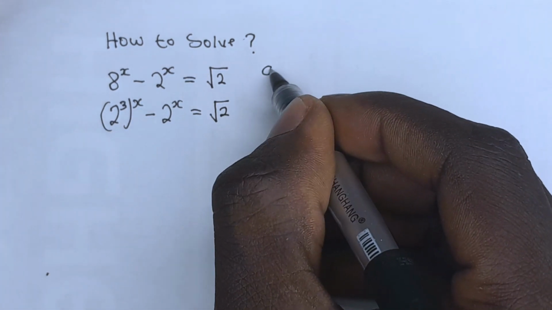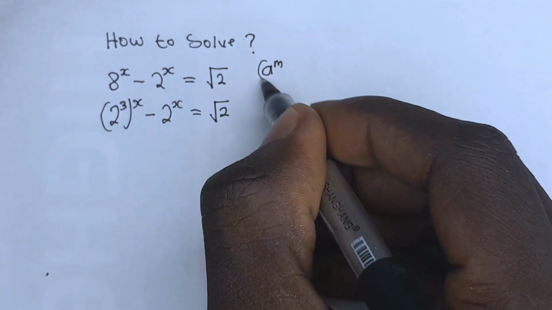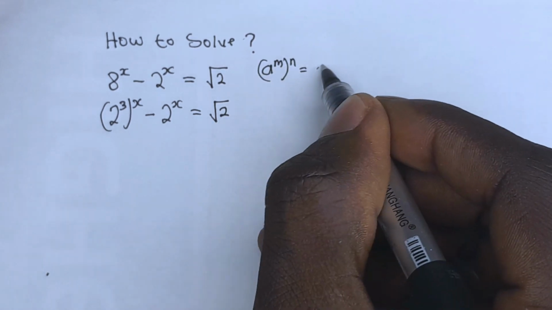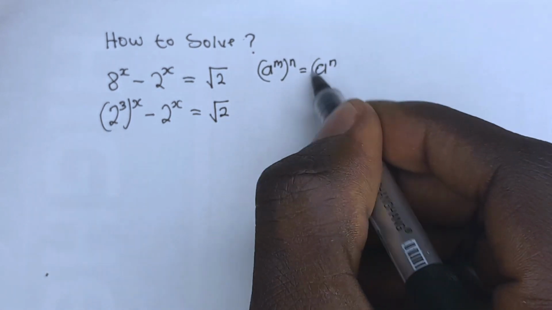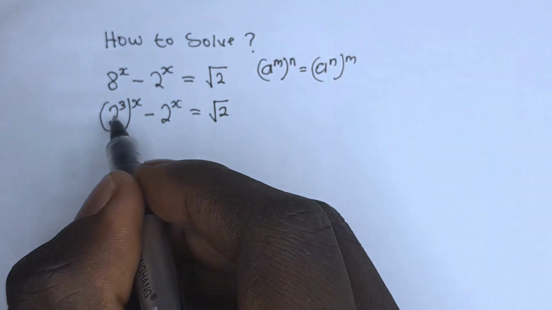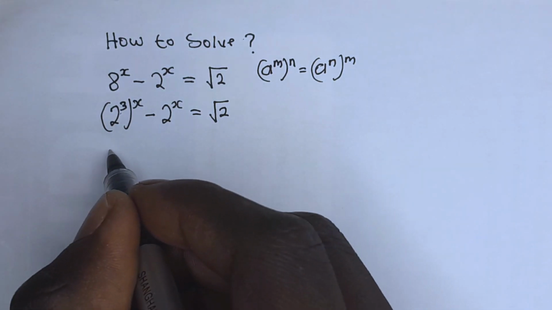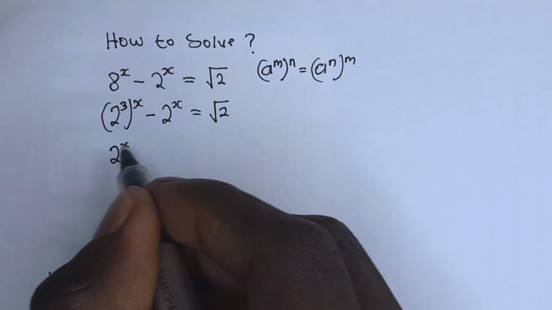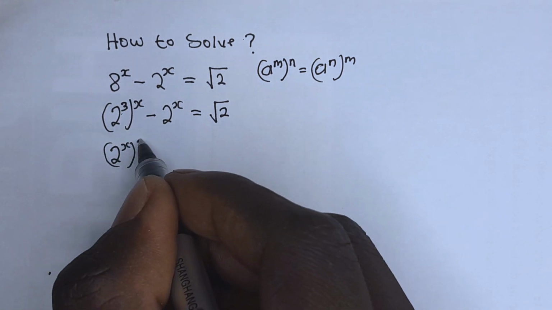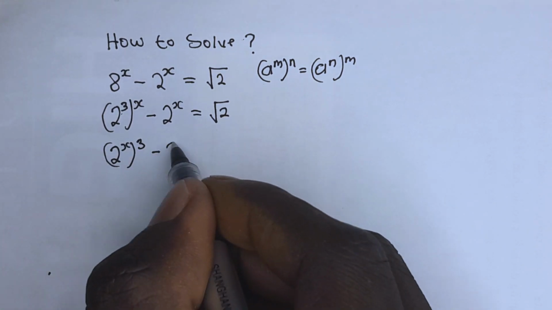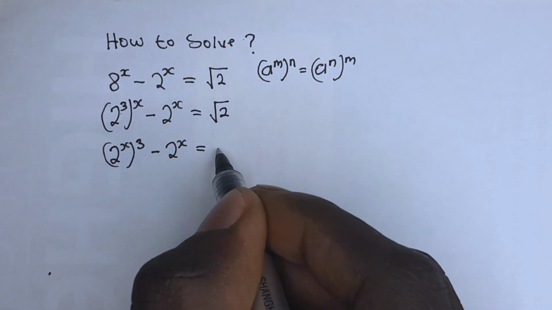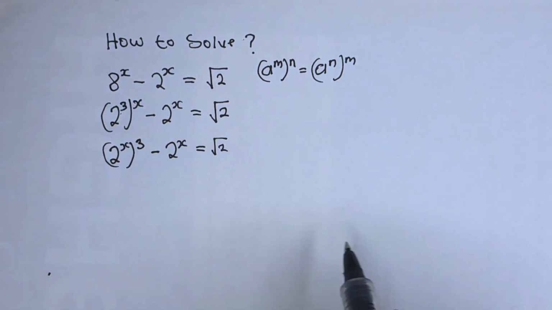Remember, if we have a to the power of m, to the power n, it is equal to a to the power of n, m. So we can apply it here. Therefore, 2 to the power of x to the power 3 minus 2 to the power of x is equal to square root of 2.